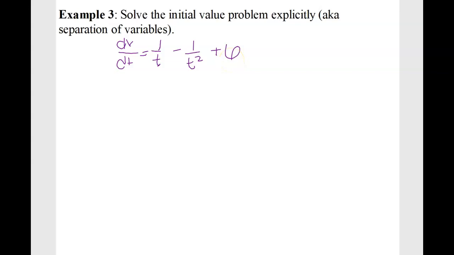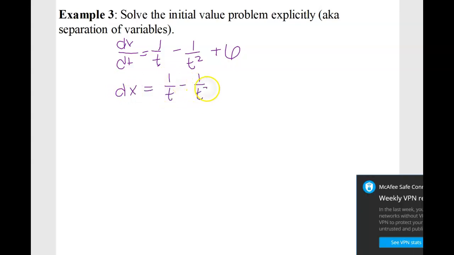In order to solve this, I have to get the dt's with the t's, and the dx by itself. So I get dx equals 1 over t minus 1 over t squared plus 6 dt.